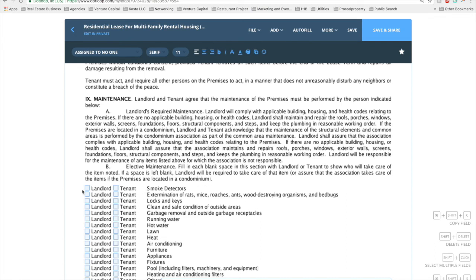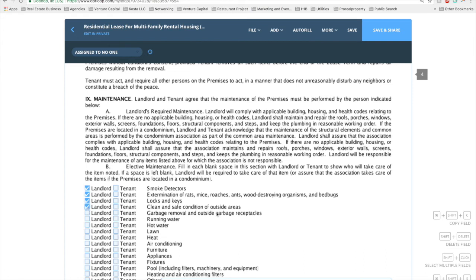So smoke detectors, it's usually landlord. Extermination of rats, mice, roaches, and wood destroying organisms and bed bugs. Sometimes landlord, sometimes tenant. We'll put tenant in our case. Locks and keys. This is landlord. Clean and safe condition of outside areas. This is landlord.